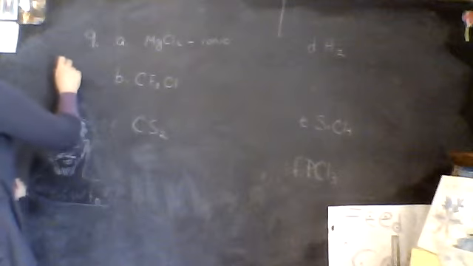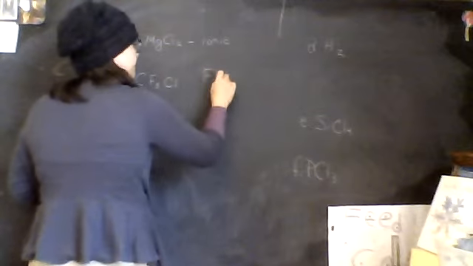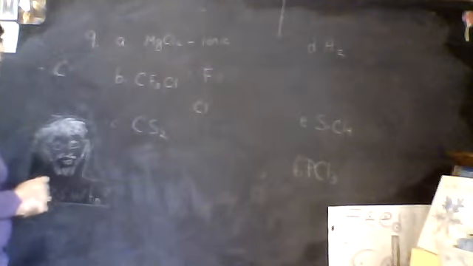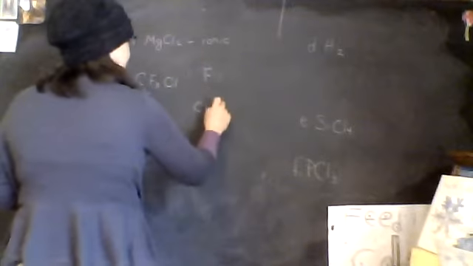Where is C? C is 4A, so it has 4 valence electrons. How about F? F is 7A, so it has 7. And chlorine is 7A as well, so it also has 7.